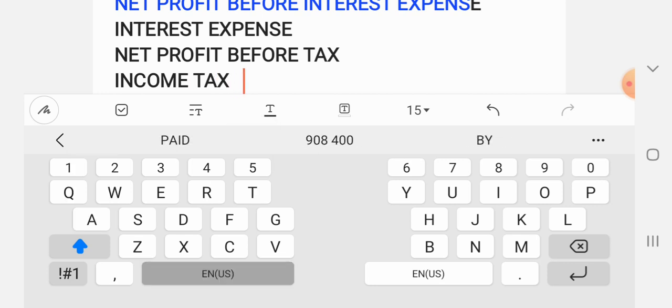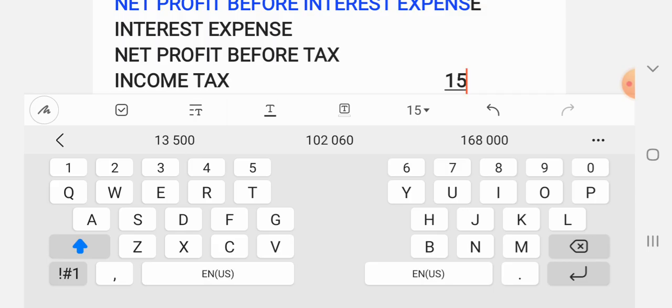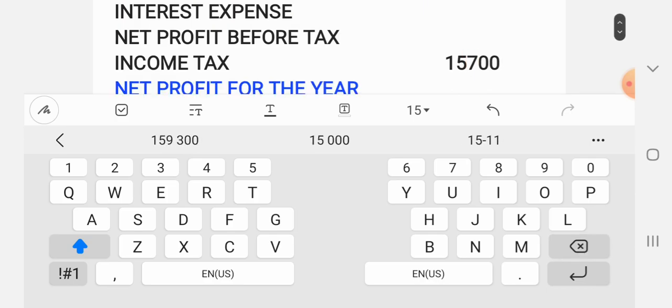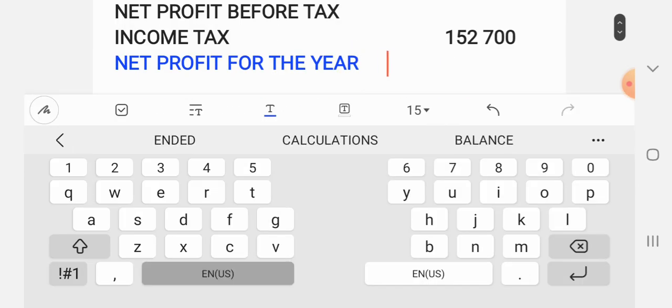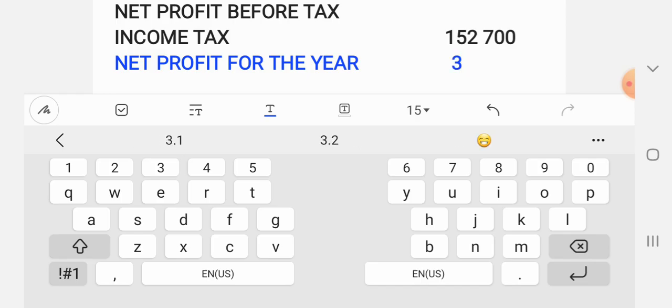And we've calculated our income tax as 152,700 rand. And the net profit for the year, it was given to us as 356,300.